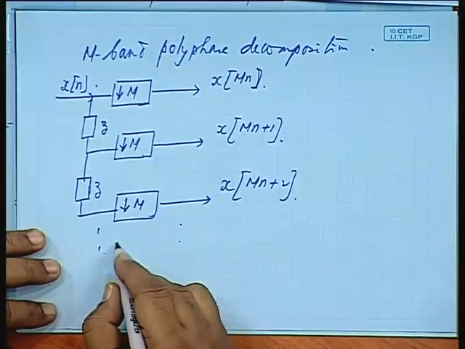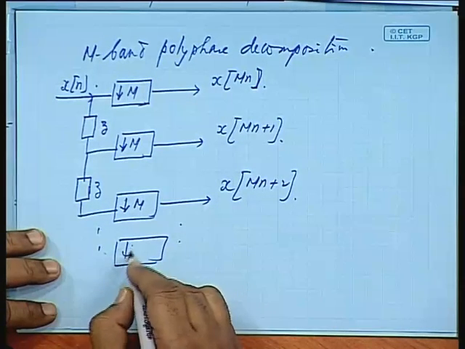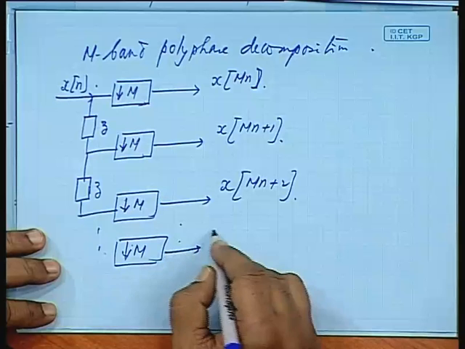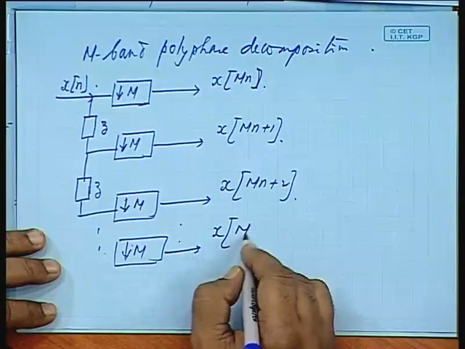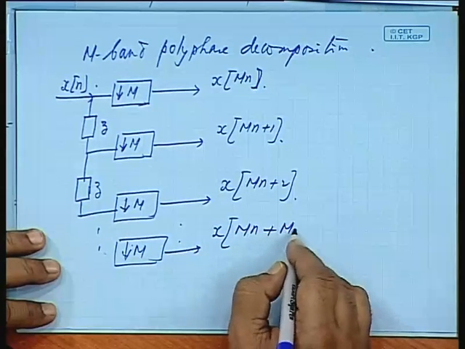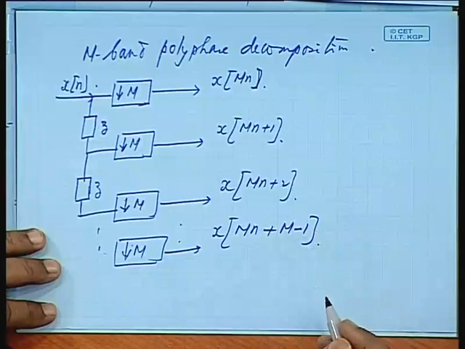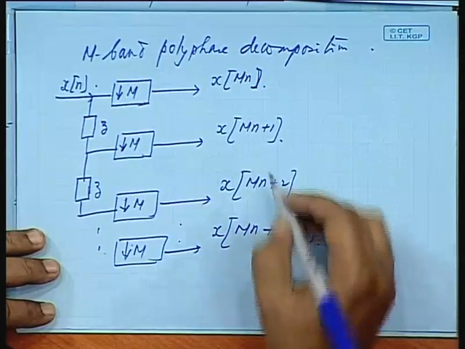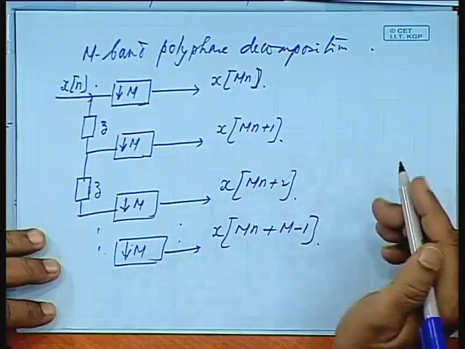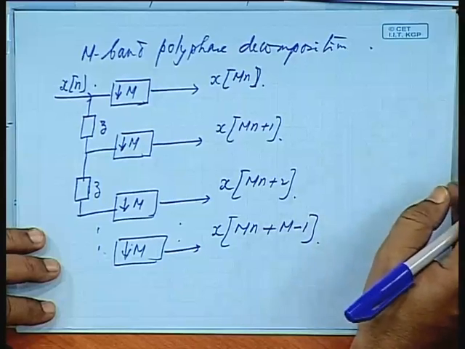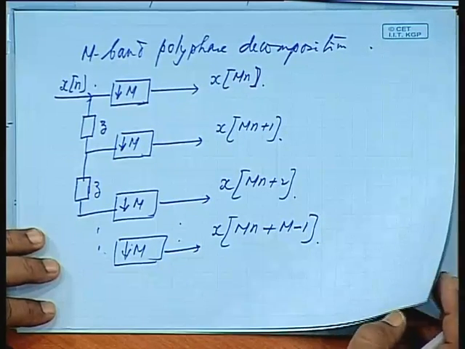Lastly, it will be x mn plus m minus 1. N is any number varying from minus infinity to plus infinity, integers.